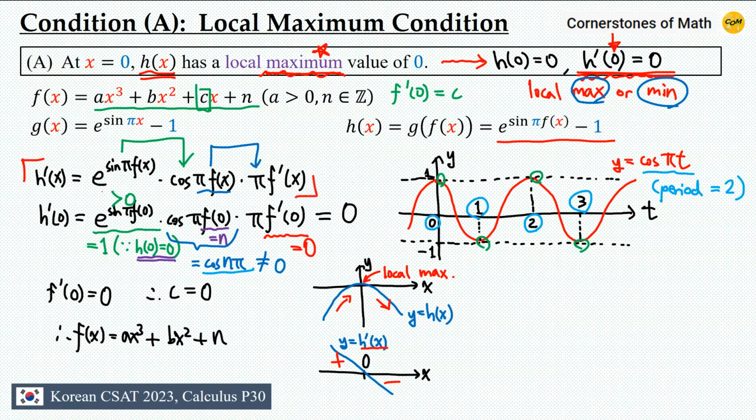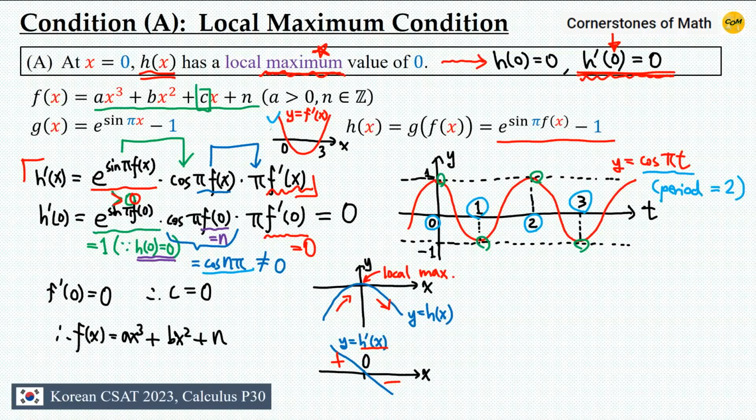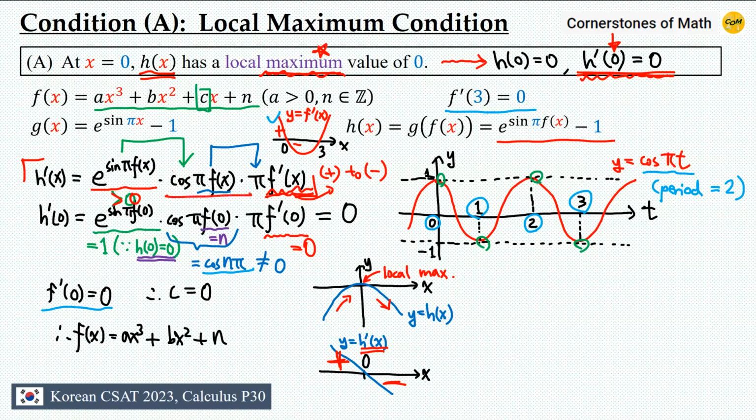From here, we know that e to the sine pi f(x) is positive, and f prime x is a convex quadratic function with f prime 0 equals 0, and f prime 3 equals 0. Yeah, we also have this condition. Therefore, this f prime x changes from positive to negative when passing x equals 0. So in order for the graph of h prime x to go from positive to negative, the logical conclusion is that this cosine pi f(x) must be positive in the vicinity of x equals 0.